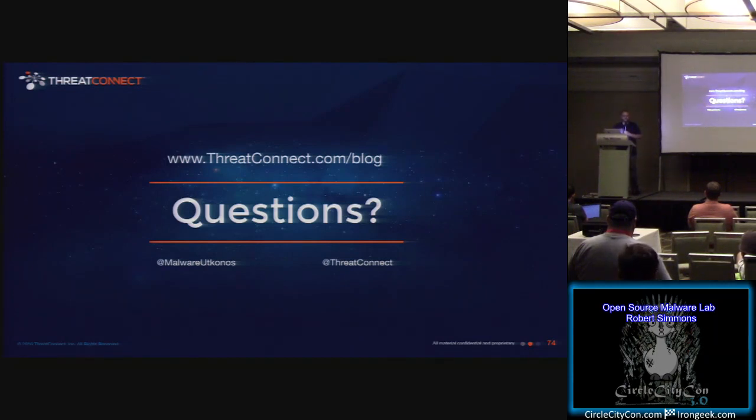Other questions? Yes. So, okay, the question was, how do I isolate malicious or potentially malicious activity from the malware from natural, normal activity that Windows does on its own?